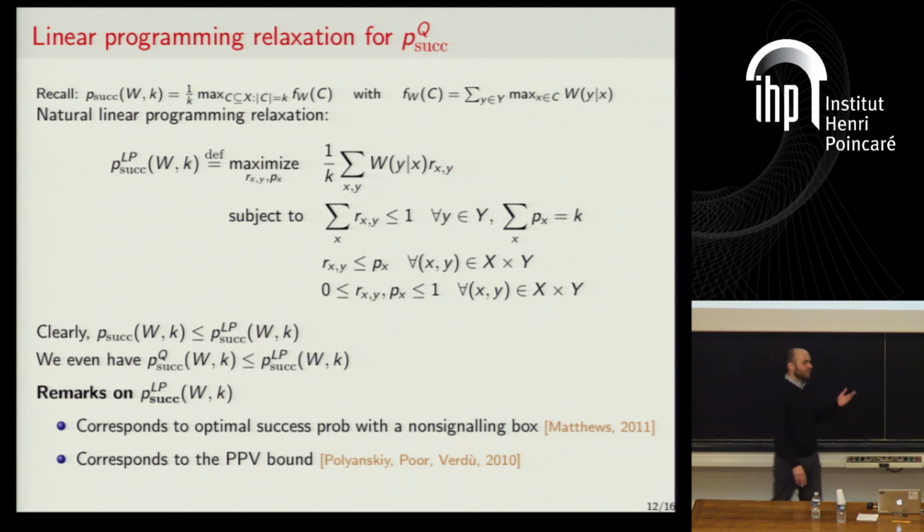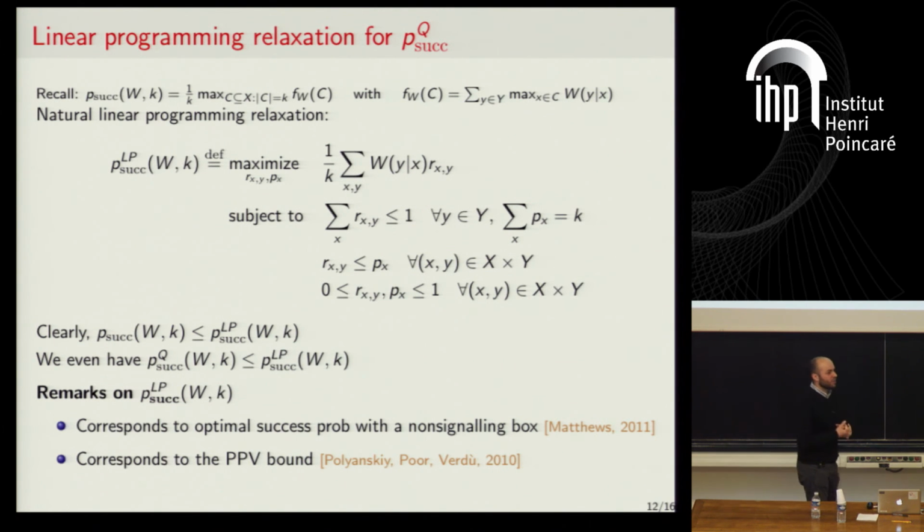It turns out that this LP has other interpretations, and it's quite important. First, an operational interpretation is that it corresponds to the optimal success probability for sending k messages over the channel, but with a non-signaling box, which you can think of as a generalization of entanglement.